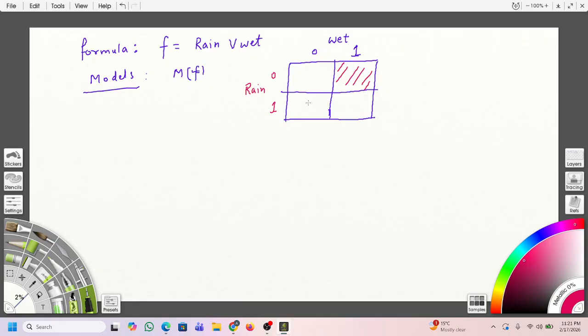For the region where rain is 1 but wet is 0, it will also be 1, and where both are 1, again it will be 1.